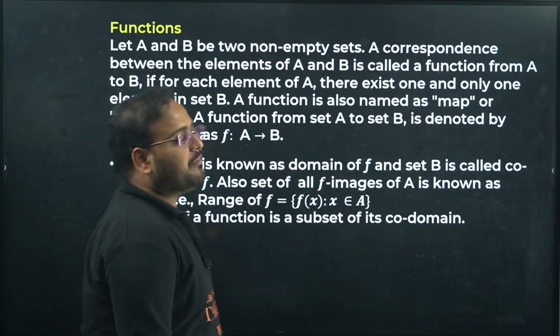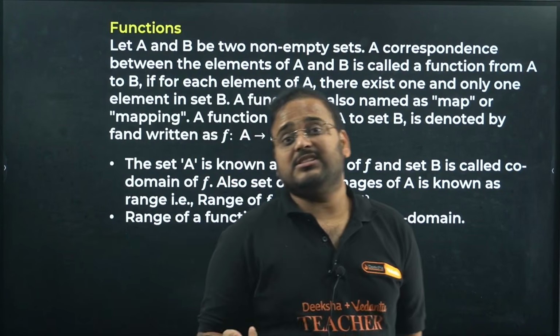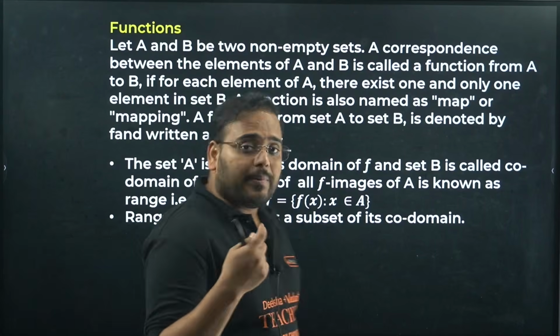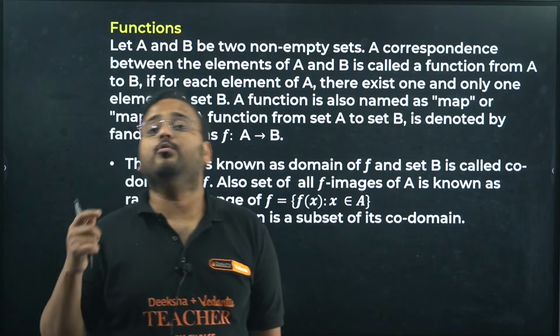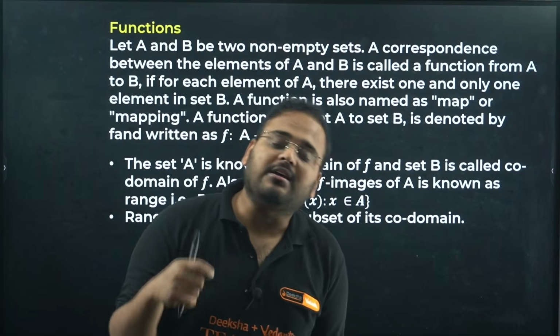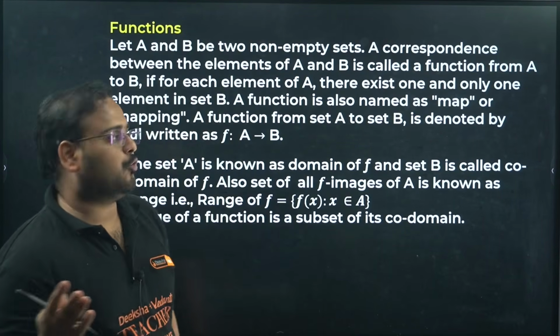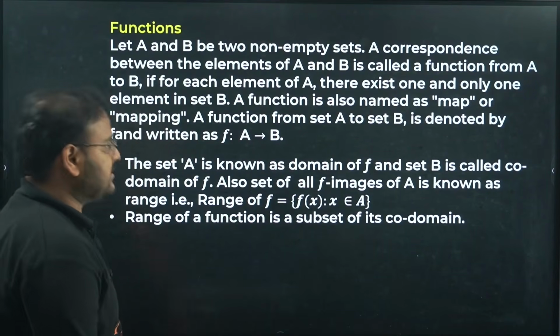Functions. Now we're moving to functions. A certain type of relation is called a function, which follows the property that every element in the domain has a unique mapping to the codomain. I'll read the statement for you. Let A and B be two non-empty sets.